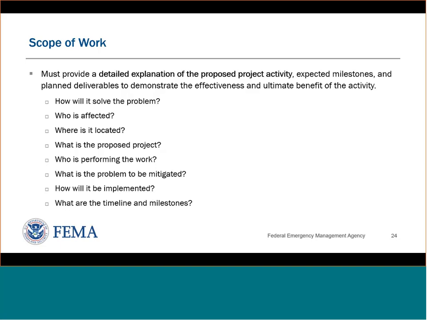Where is it located in your community? Who's doing the work? This is where you describe, you're hiring contractors to do this sort of work, and we're going to have our community do some of the work here, and so forth. That's where you talk about how it's going to be implemented, and then timelines and milestones for your project. Next, please.